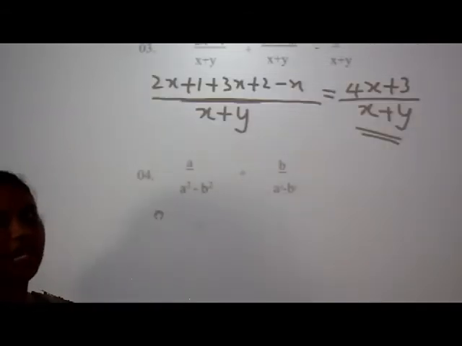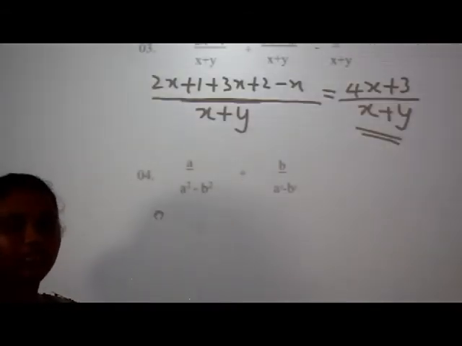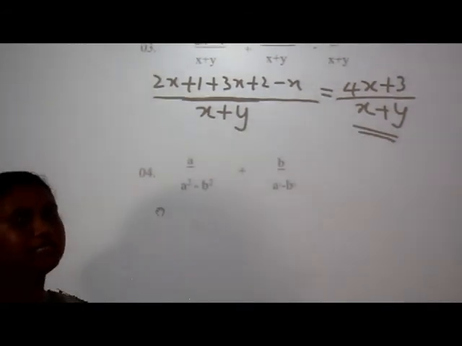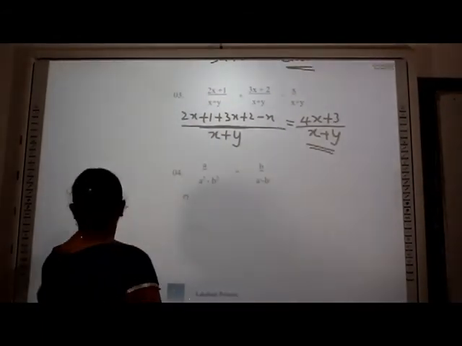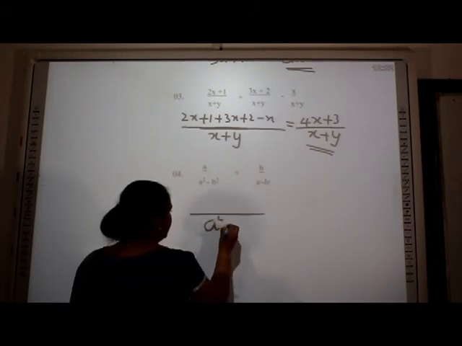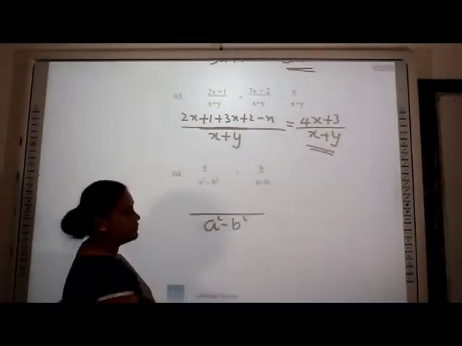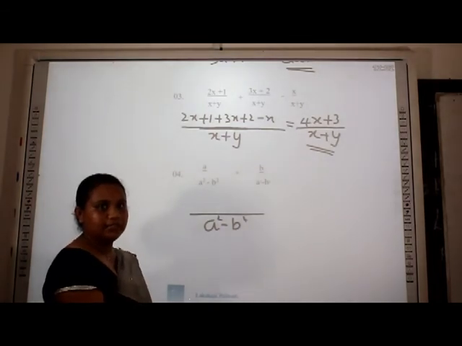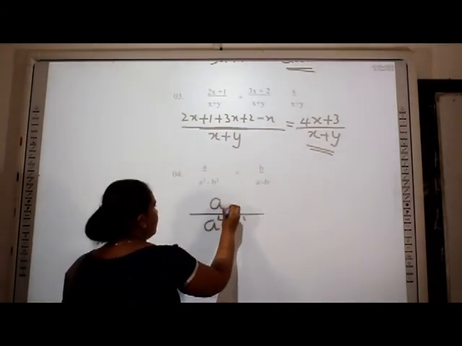Here you can see algebraic part in both numerator and the denominator. Now you can simplify it. Look at here. The denominator is a square minus b square. Right? So you can add the numerators. A plus b.